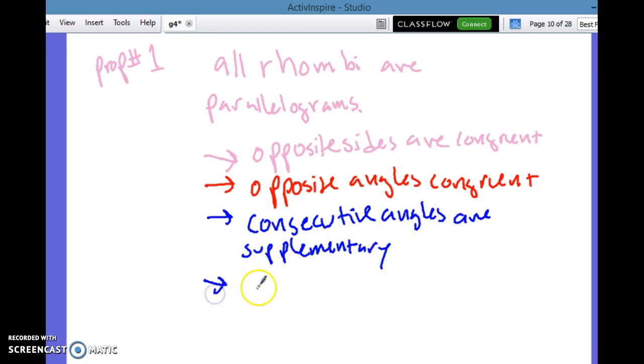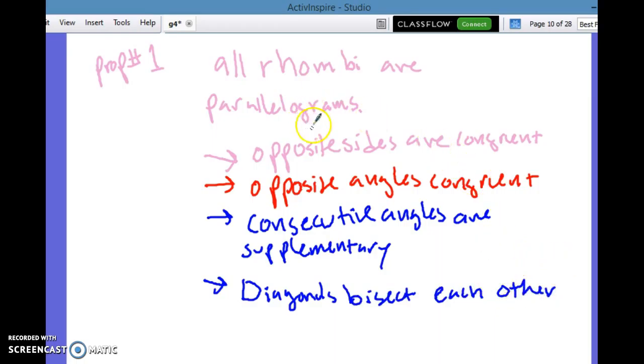And lastly, we have the diagonals bisect each other. And again, these were all properties of a parallelogram, but since the rhombuses are parallelograms, they also share this property.